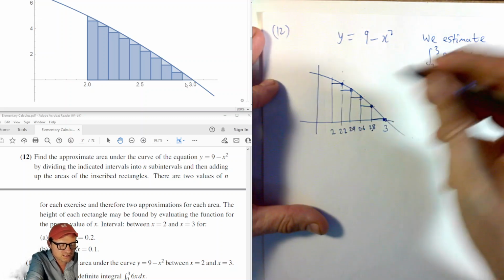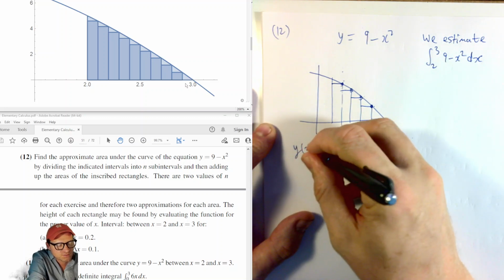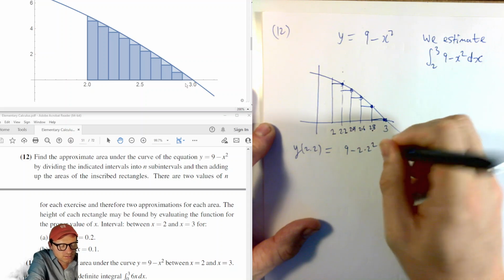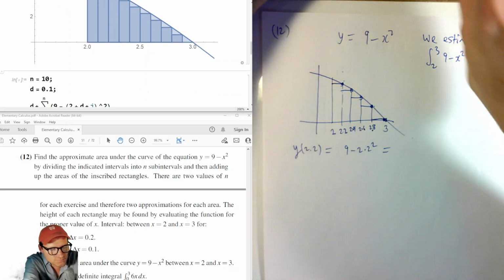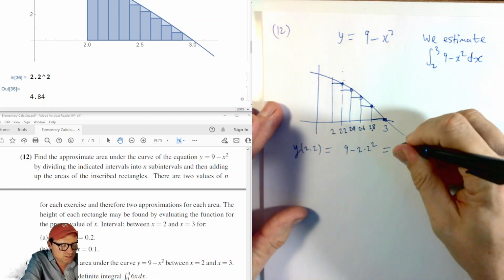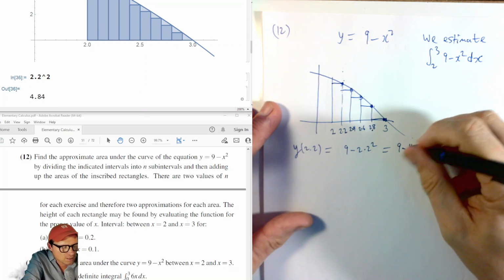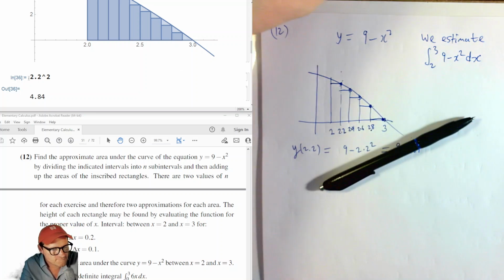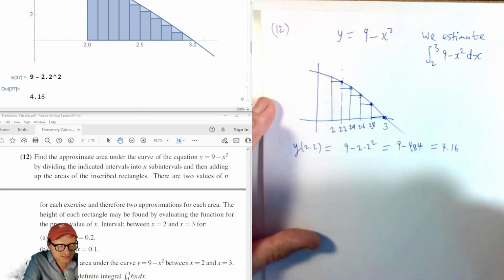Okay, so let's do this somewhat by hand. y of 2.2 is equal to 9 minus 2.2 squared. I will get the machine to calculate that. So 2.2 to the power of 2 is 4.84. So 9 minus 4.84. Okay, so what do we get? For that one, we get 4.16.